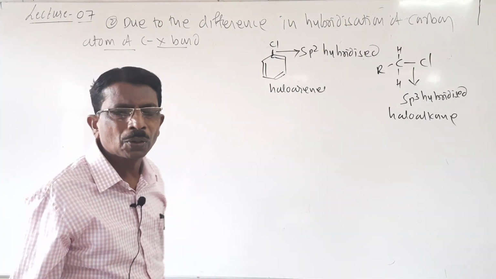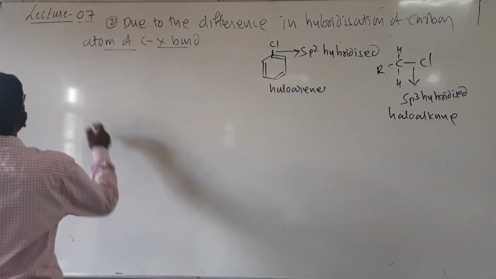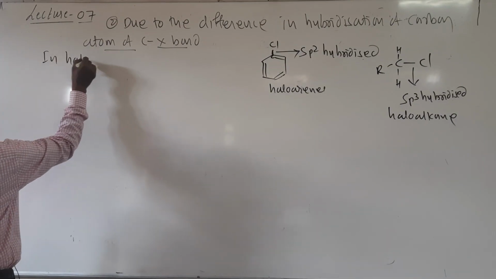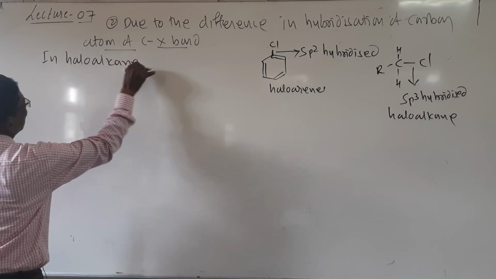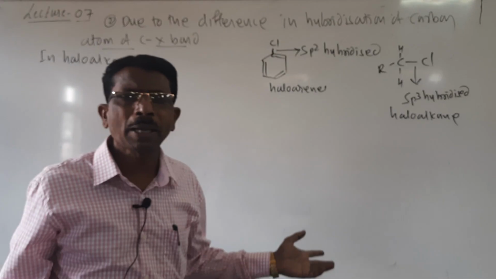Is it clear? So look here, in haloalkane, you have to write the type of hybridization.